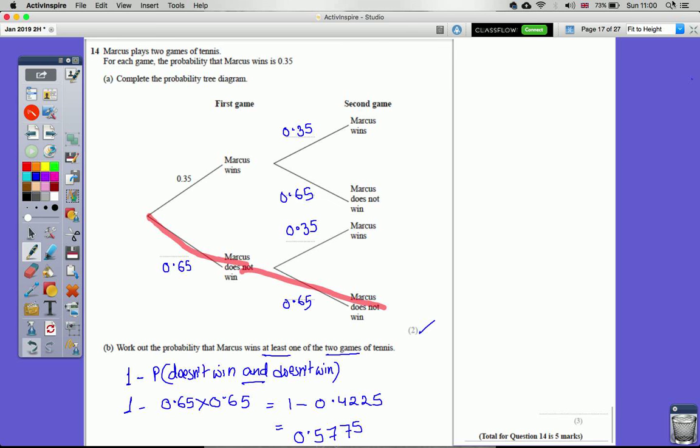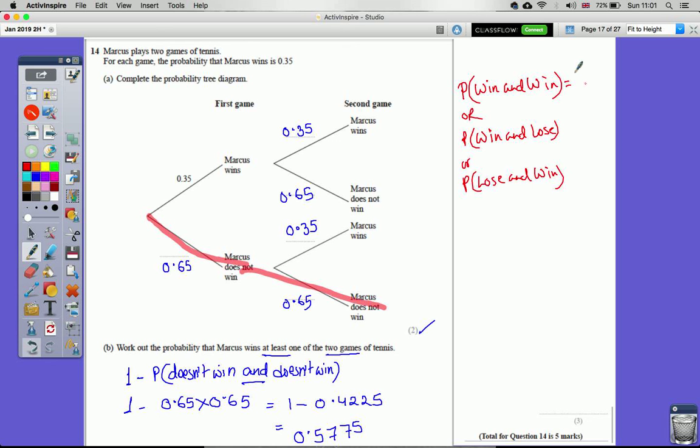Okay, now the same question can be done in a different way. I'm going to do it in a different color to demonstrate. You can either do the probability of win and win, or win and lose, or lose and win.